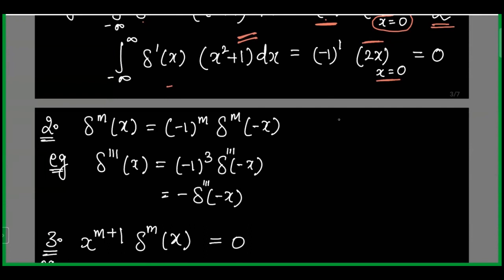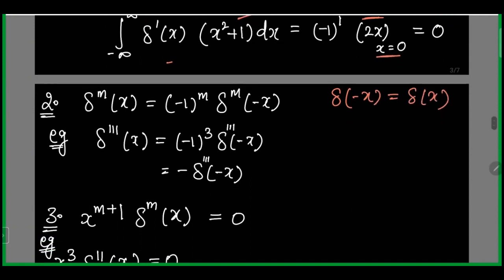Now I already told you that Dirac Delta function is even. But what about its derivative? So its derivative is given by delta m(x) equals to minus 1 raised to power m delta m of minus x. What does it mean? Very, very tricky general equations. Let's understand with example.